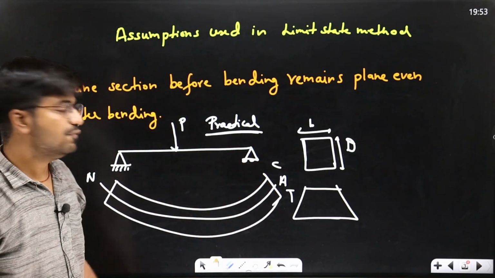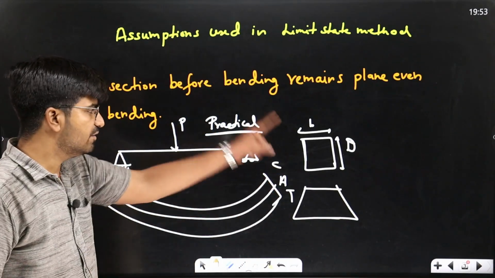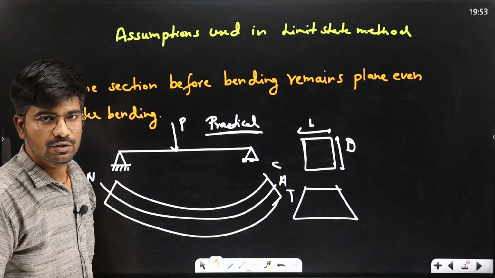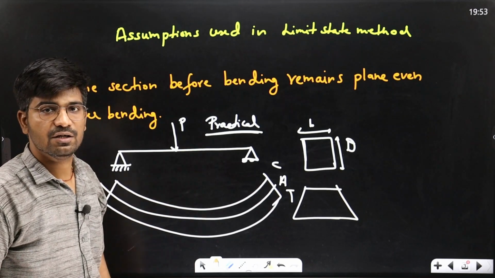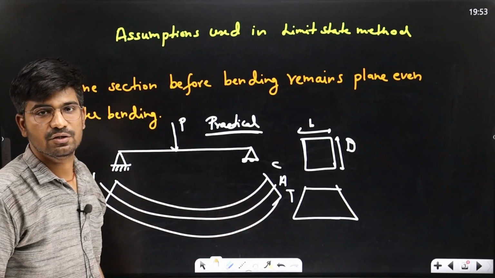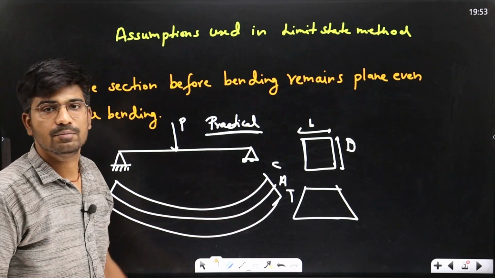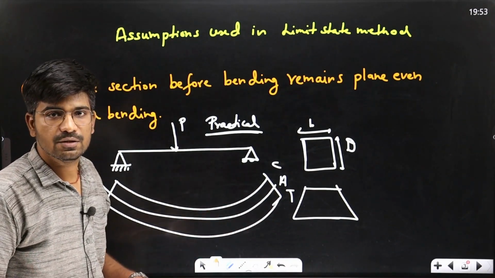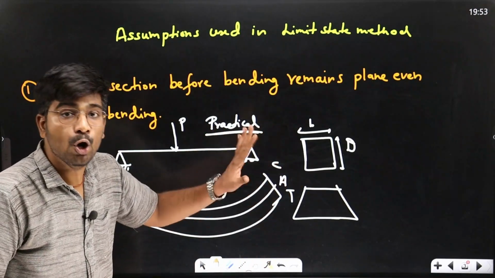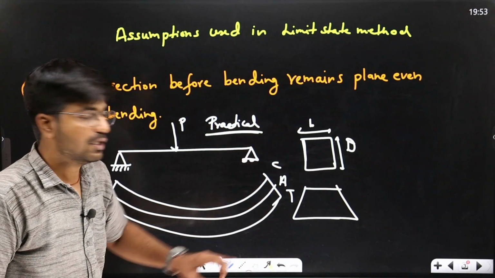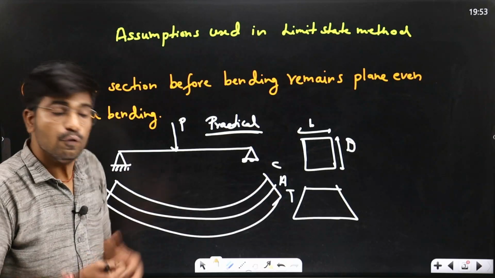But if you consider this practical section, the variation of strain throughout the cross section is not linear. It is non-linear because of this. So what did we consider?